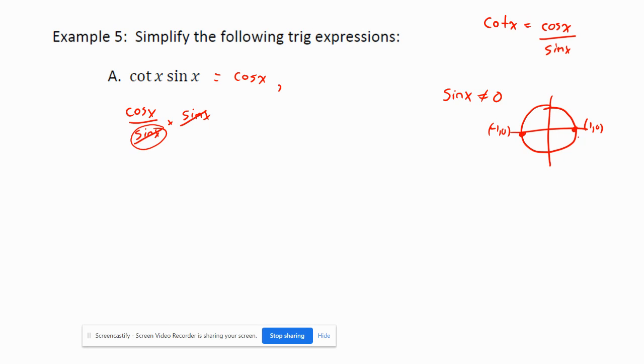So this is 0, pi, 2 pi, 3 pi, and so forth. So therefore, x cannot equal, we're just going to call this pi n, where n is an integer. Sound good? Okay, so this is cos x, but we have some restrictions for the values of x because for these values, this is not defined, even though this is defined. For these values, this guy is not. So we can't make this substitution for all values. We have to exclude these values right here.